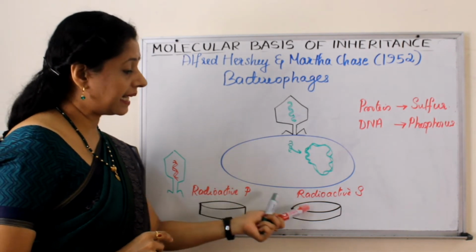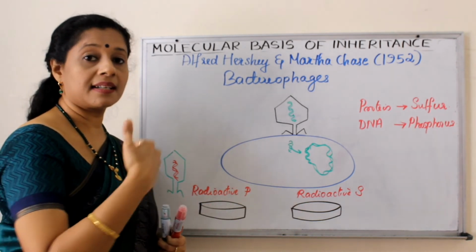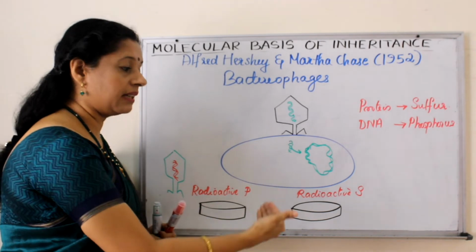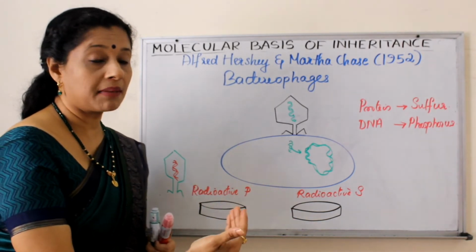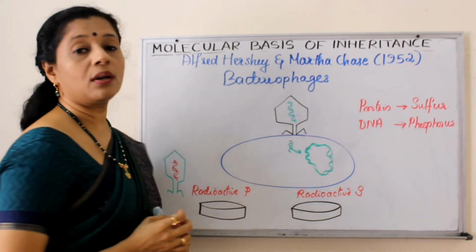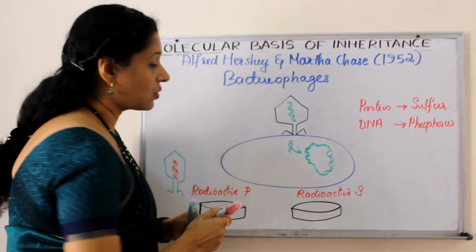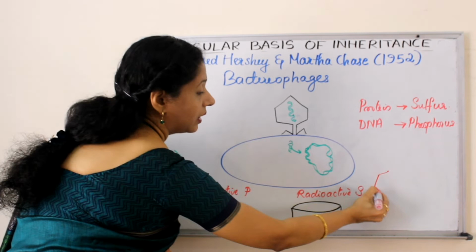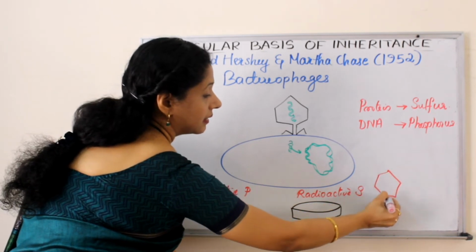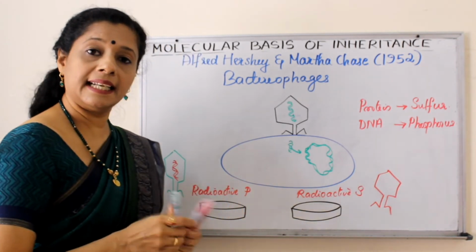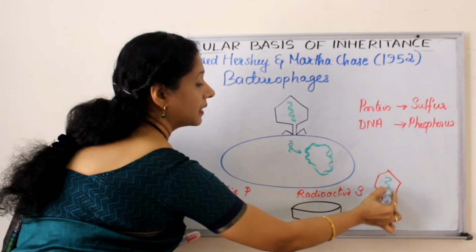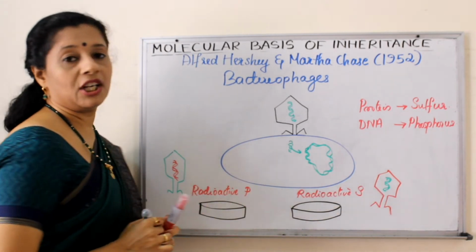Whereas in the second culture, where viruses were grown in radioactive sulfur, the protein coat became radioactive because protein took up the sulfur. So there, the protein coat is red, where DNA is normal. The red indicates the radioactivity.